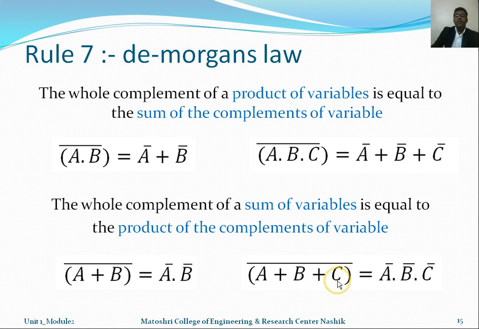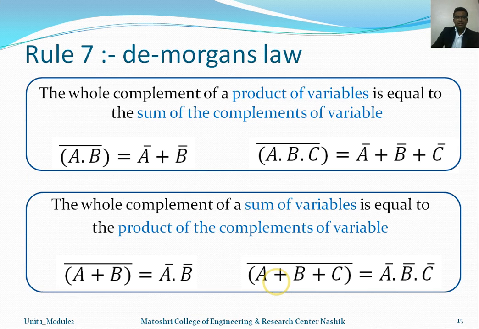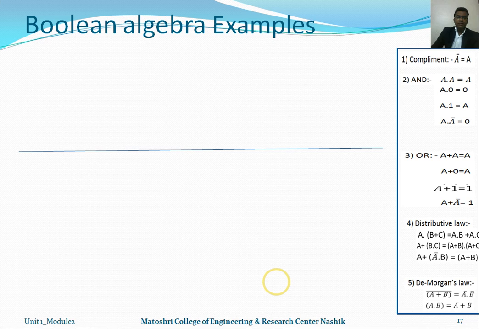And similarly for multiple variables, if there are more than 2 or 3 variables, the same whole complement is there, so break the whole complement and change the logic functionality from AND to OR and OR to AND respectively. So that is De Morgan's law, the first, and that one is the second. This De Morgan's law is also important.